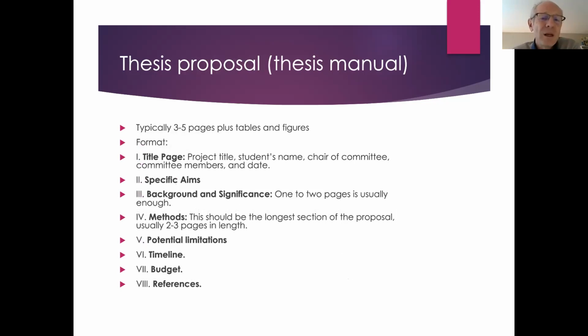Typically 3 to 5 pages plus tables and figures, including a title page, the specific aims, 1 or 2 pages on the background and significance of your work, and 2 to 3 pages on your methods. Here it helps to be a bit more detailed, so you define what you are going to do. Talk about the limitations, the timeline, which is very important, the budget, if it is relevant, and the references.